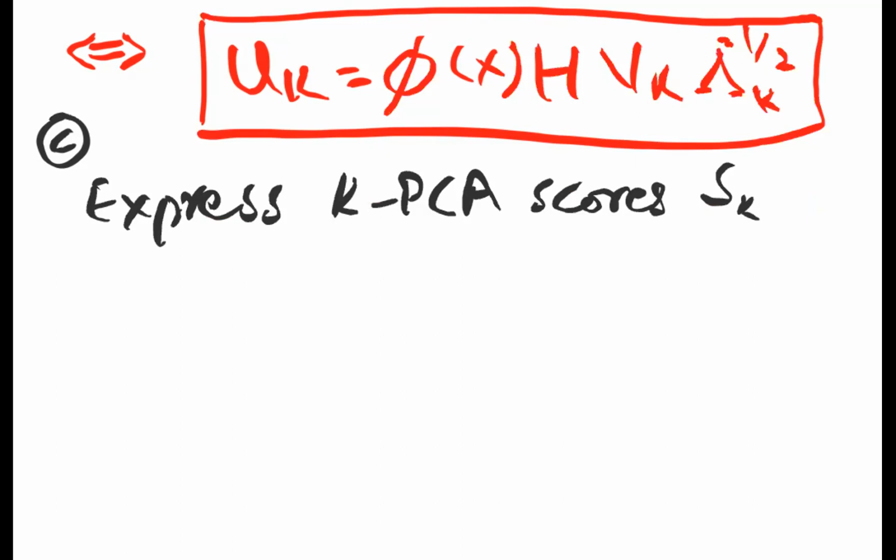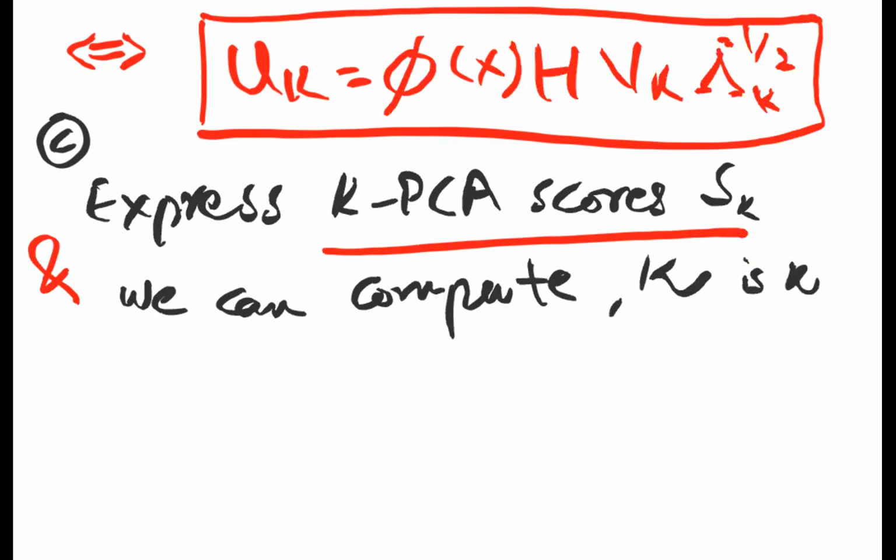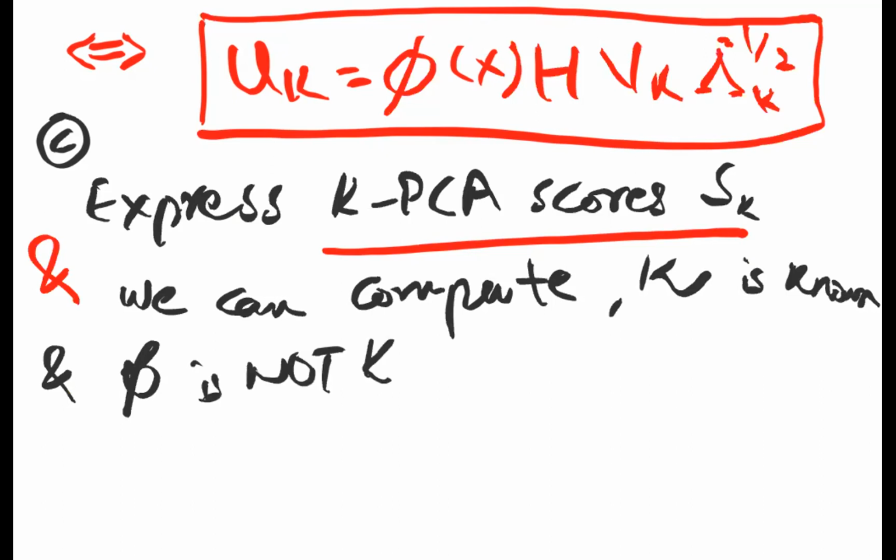So we have to find an expression for S_k, the kernel PCA scores. The second thing we need to do is see that we can compute them when kappa is known. The kernel is known, and the phi function is not known. This is what we said we should be able to do, when kappa is known and phi is not known.